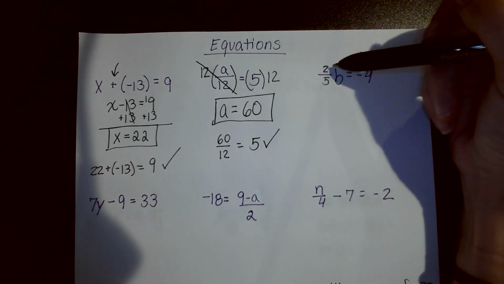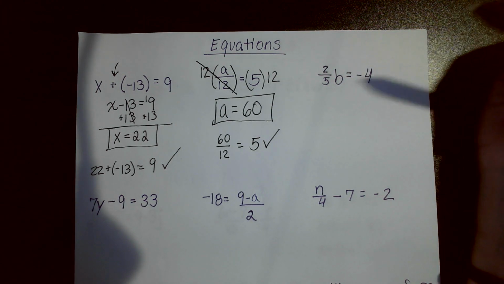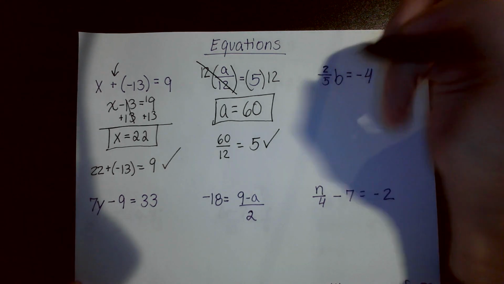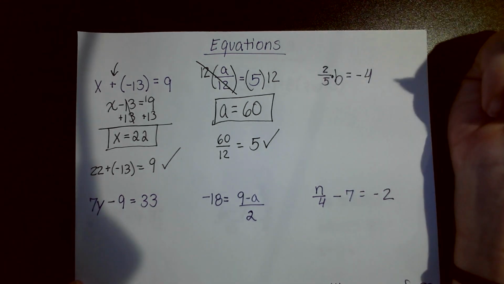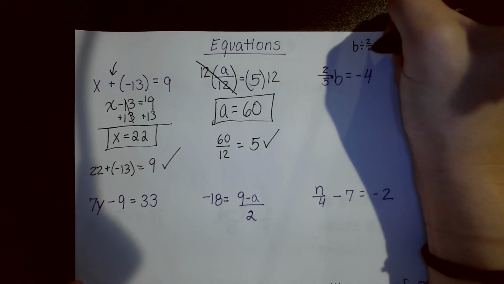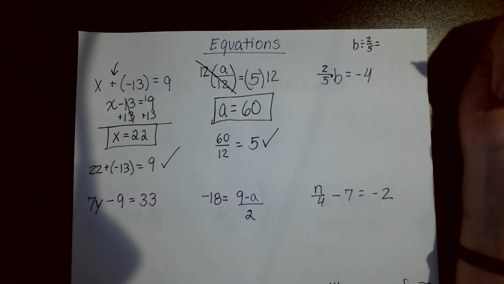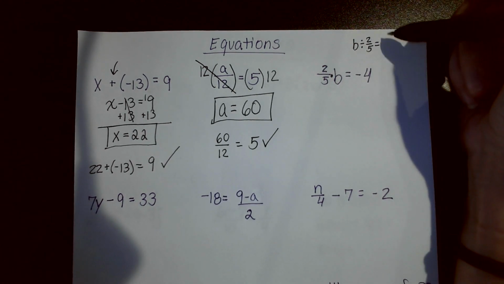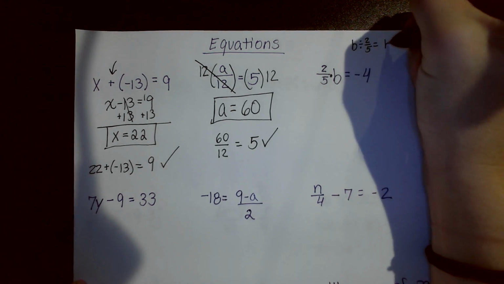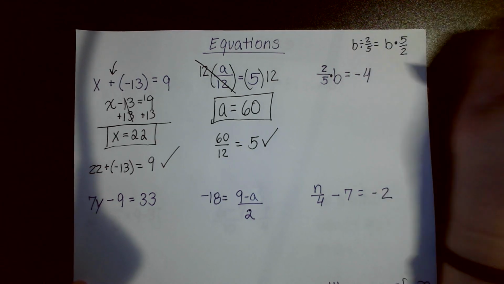The next problem we have is 2/5 times b equals -4. Now, this one we've been getting better at these, but remember, this is 2/5 times b. So we really need to do b divided by 2/5. But we've learned from our previous classes that you can't really divide a fraction. To complete this operation, we would multiply, keep, change, flip, by the reciprocal.